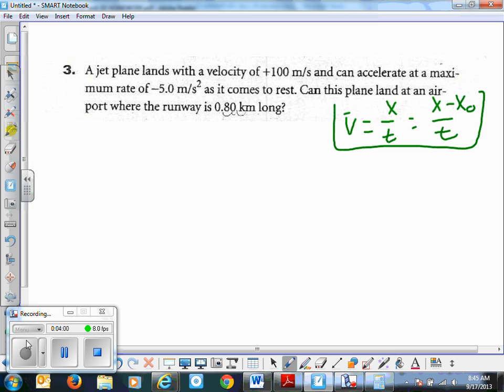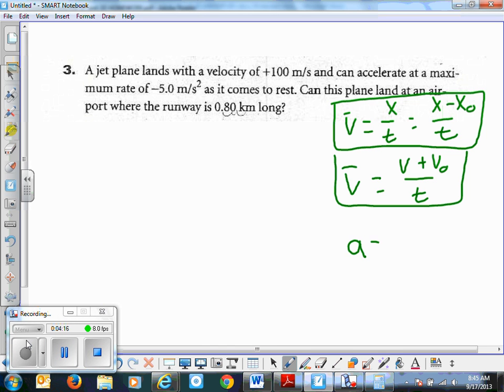That formula you have to have written somewhere on your paper so you can refer to it. The other average velocity formula is v plus v sub naught divided by 2. You have to have that written so you can look at the variables and see what you're working with. And then the new formula is acceleration is v minus v sub naught divided by t. So I'm not going to help you if you don't have these readily available written somewhere on your piece of paper or on a note card or something.